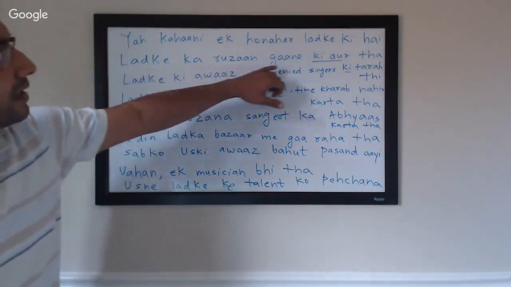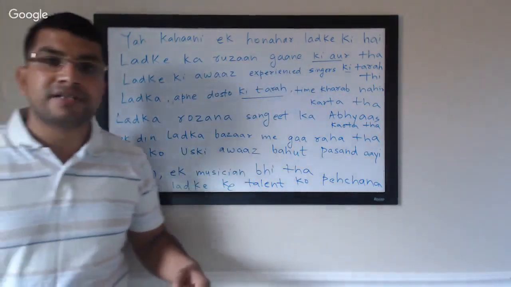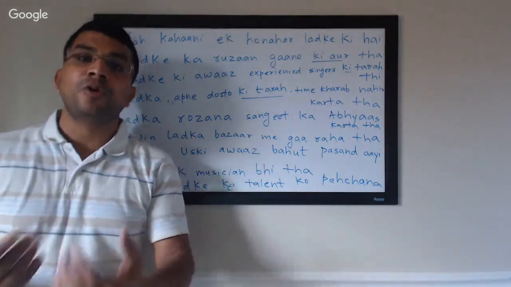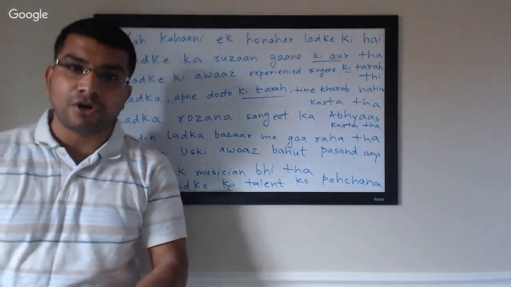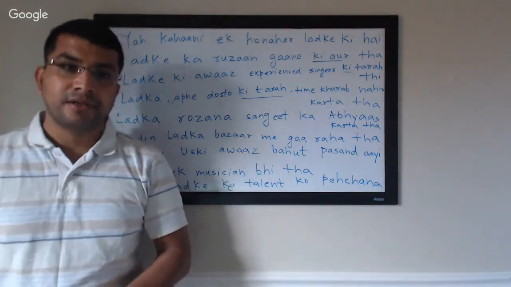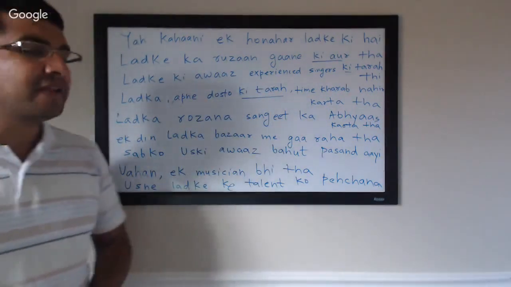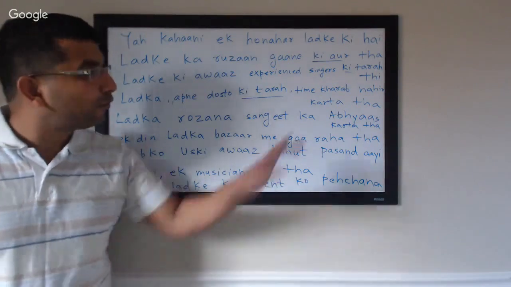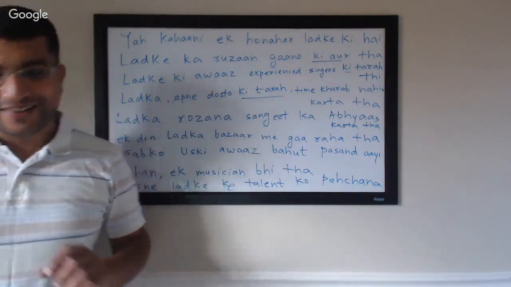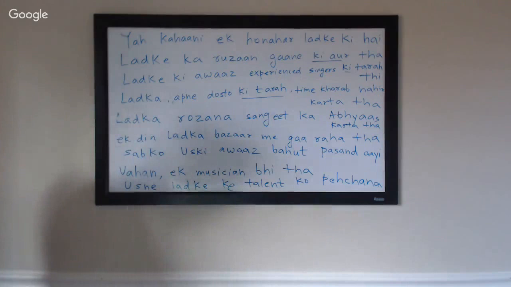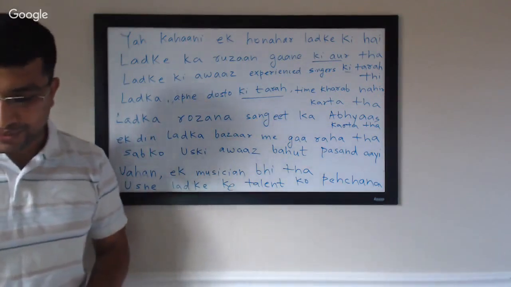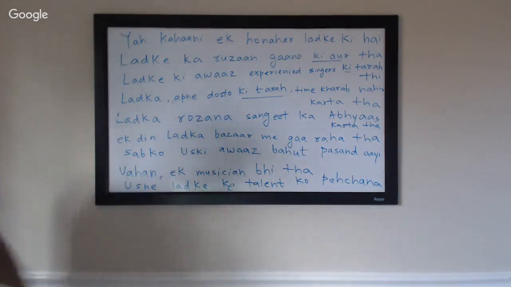Like if I say गाने की, towards singing, or नाचने की, towards dancing. A simple sentence would be that he was interested in singing, but I wanted to fit ki or, so it's like his inclination was towards singing. Think about it this way. Okay. Next one.